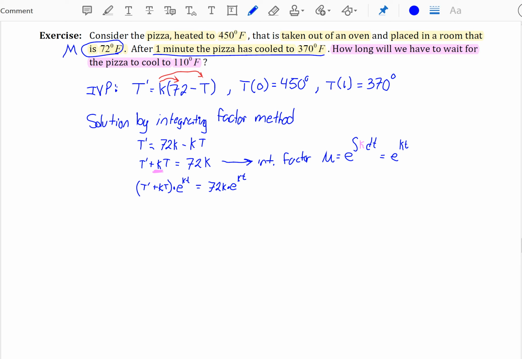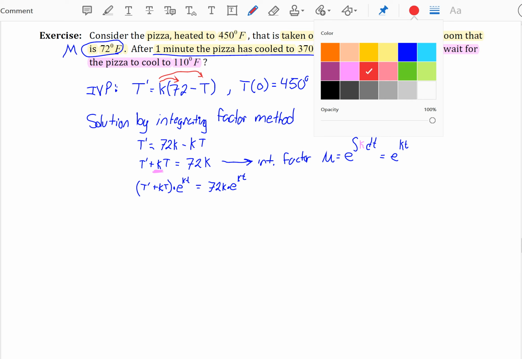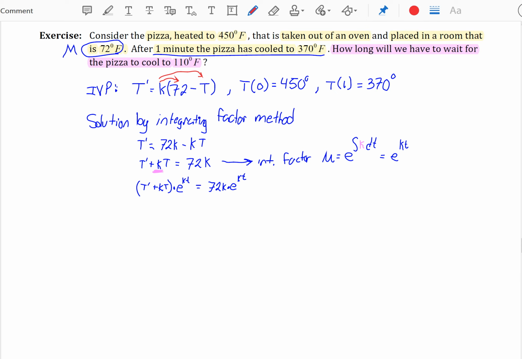Now, if I follow the steps I used in our previous example videos, we distribute the integrating factor into the parentheses on the left-hand side and write our differential equation as T prime times e to the kt plus kT times e to the kt equals 72k times e to the kt.